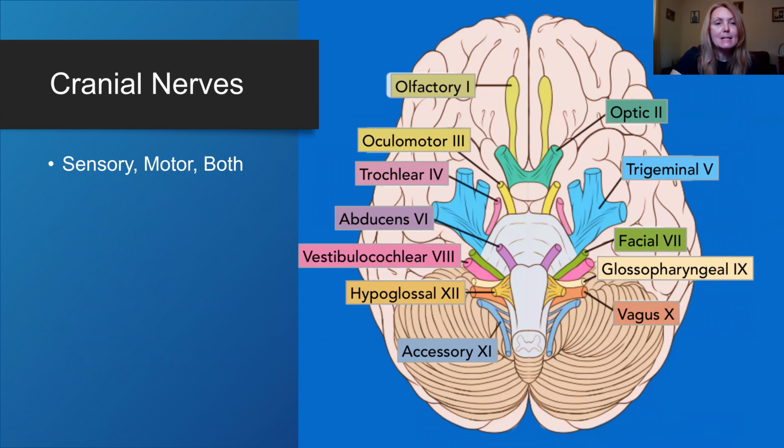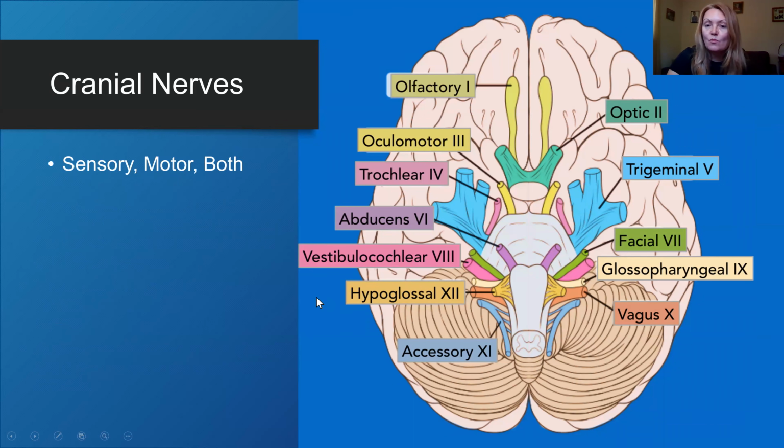Okay, now we have cranial nerves and we have spinal nerves. We have 12 pairs of cranial nerves. Now, cranial nerves can be pure sensory. They only have sensory axons that carry only sensory information, like your optic nerve. The optic nerve only carries the sensory information of vision.